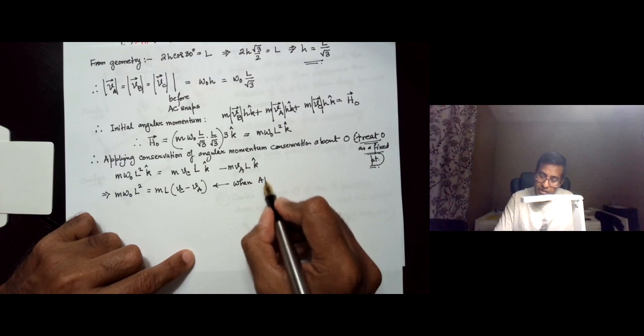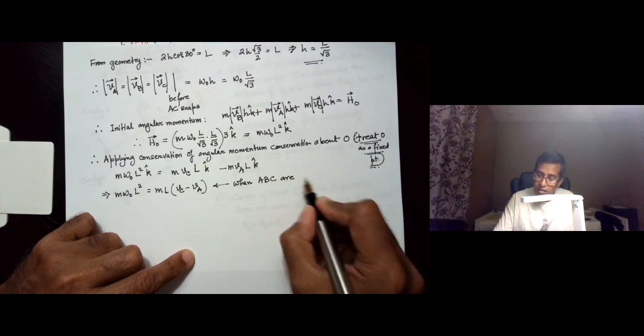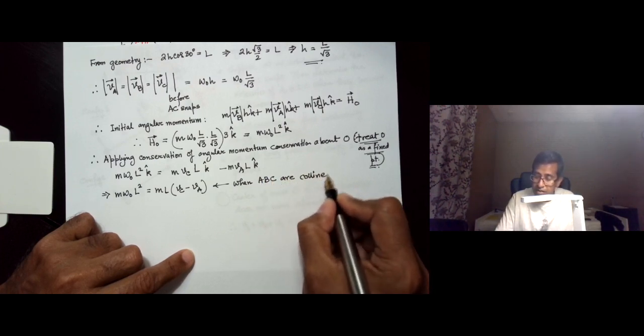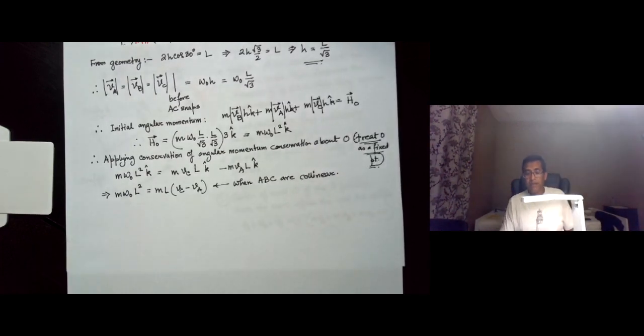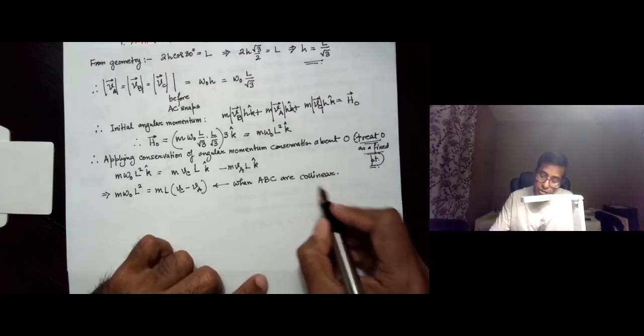So this is when A, B, C are collinear, and we don't know the velocities. That's why Vc and Va are unknowns. It is an equation that we'll have to use to solve for Va, Vb and Vc.